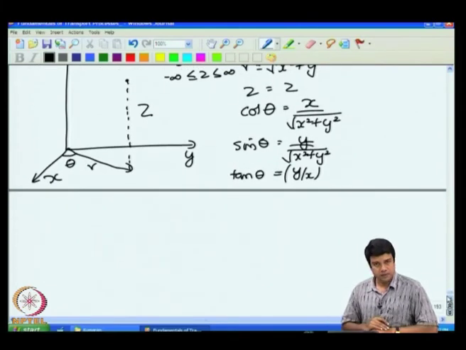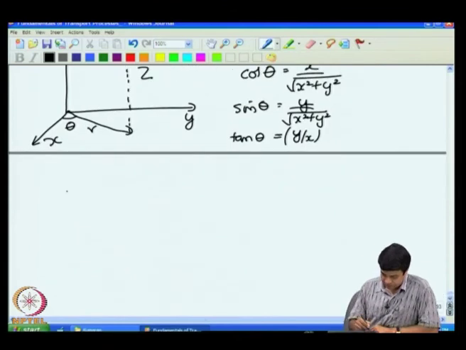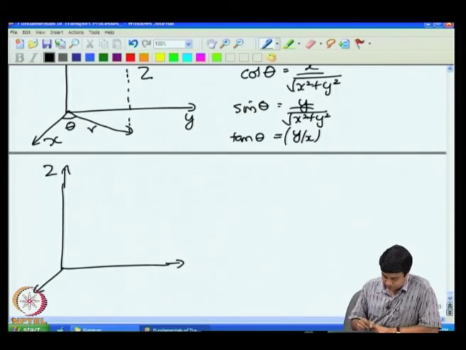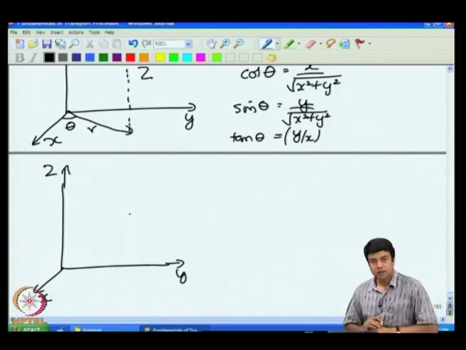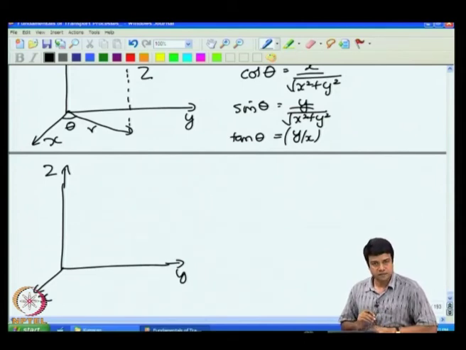We had solved shell balances using a cylindrical control volume for a cylindrical coordinate system. If you want to derive in general a 3-dimensional conservation equation in cylindrical coordinates, then the surfaces of the control volume have to be bounded by surfaces of constant r, constant theta and constant z.